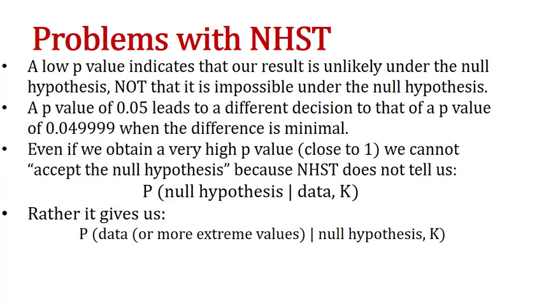Okay, so problems. There are many problems with NHST, and one interesting paper is "The pervasive problems of p-values, and a solution," by Eric-Jan Wagenmakers, from 2007. It gives an idea of the problems with NHST, but these problems are not new.